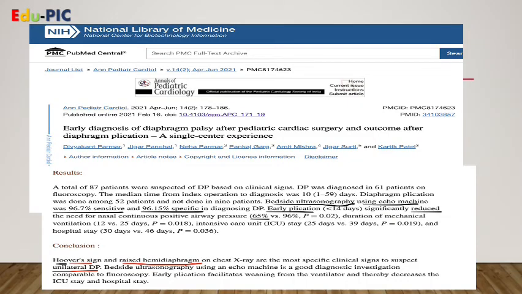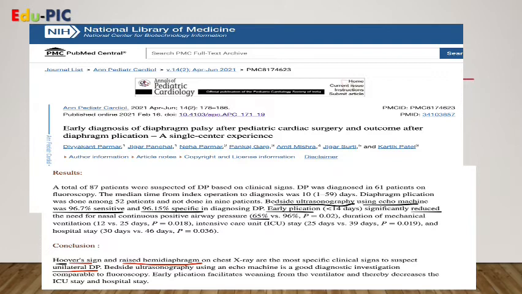Here is this interesting study that was published in 2021 in the Annals of Pediatric Cardiology, which is talking about early diagnosis of diaphragm palsy after pediatric cardiac surgery and outcome after diaphragm plication. It's a single center experience.